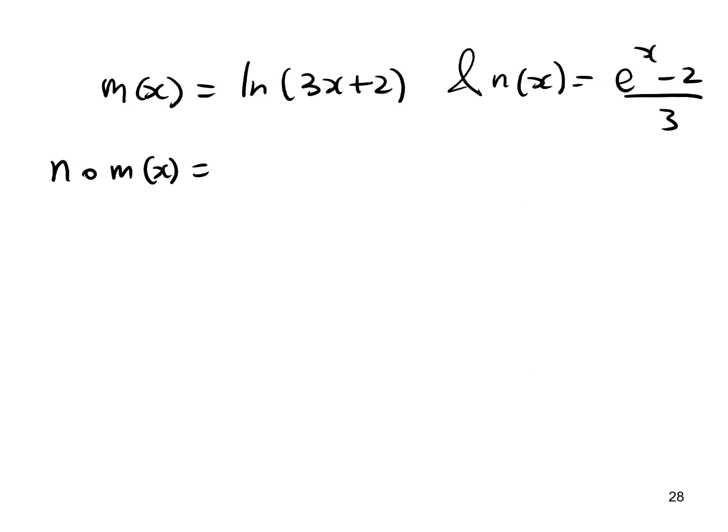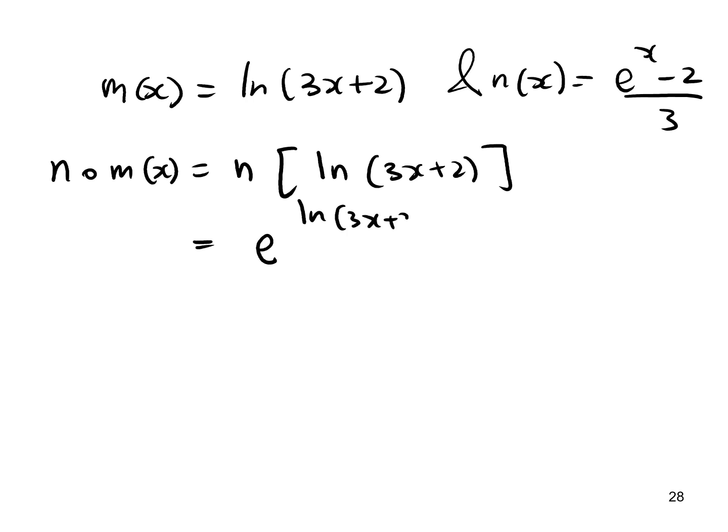Alright, for n of m, we put m inside n. So we have ln(3x plus 2). Now you put ln(3x plus 2) into the function n. So we have e to the power of ln(3x plus 2) minus 2, over 3. Here e to the power of ln gives you 3x plus 2 minus 2 over 3.